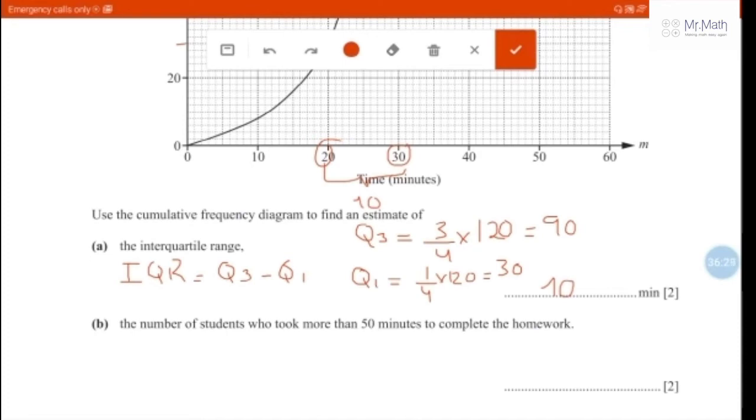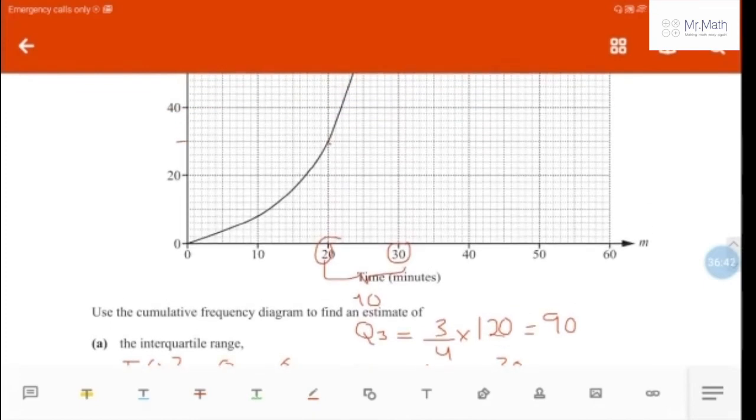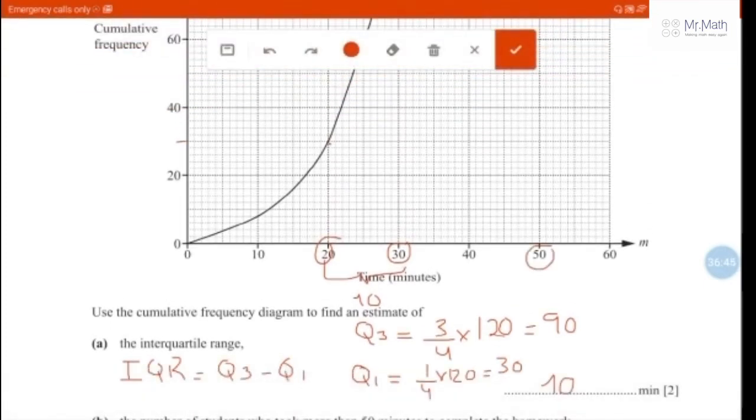Now in part B, I have to find the number of students who took more than 50 minutes to complete the homework. So more than 50 minutes, so this is 50. So anything that is to the left of 50 is the number of students that took less than 50 minutes.